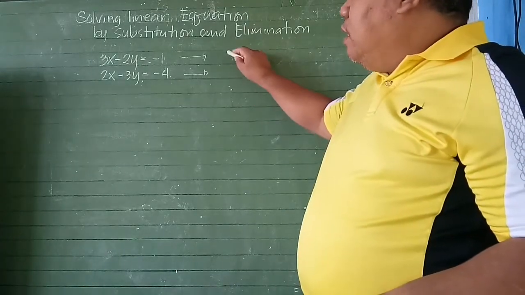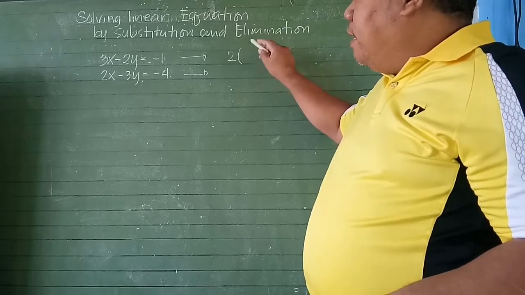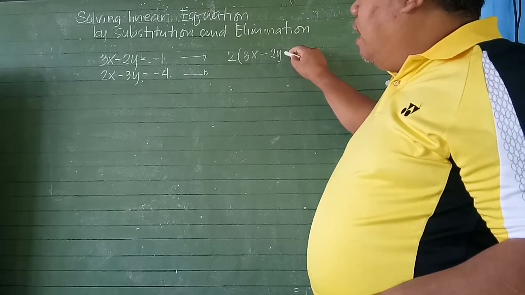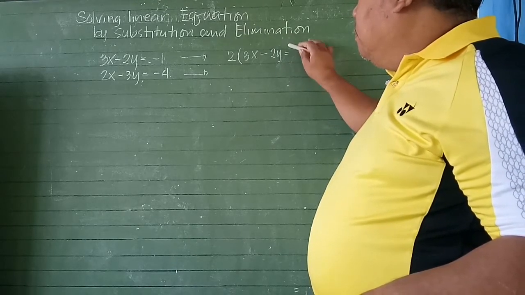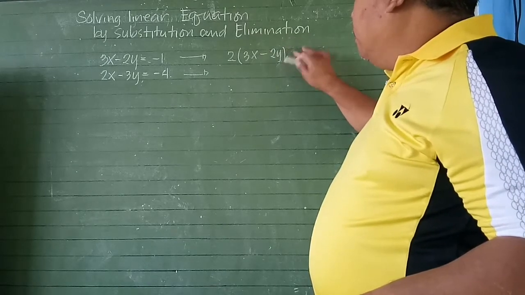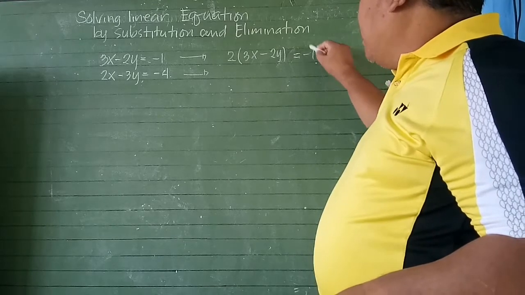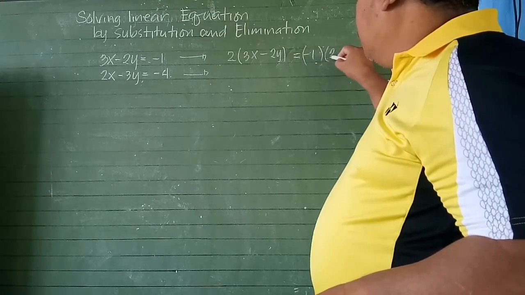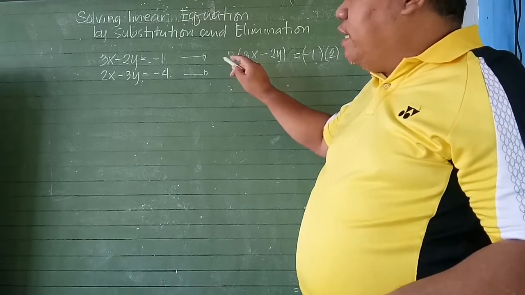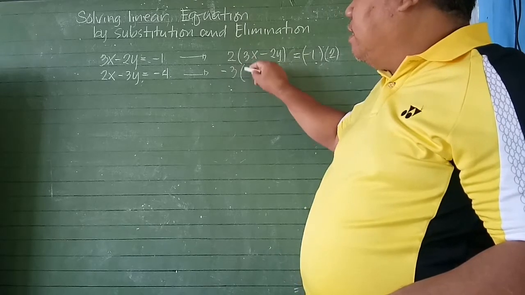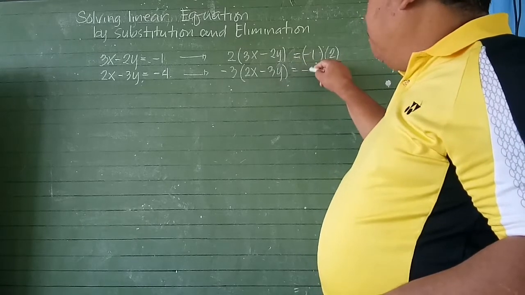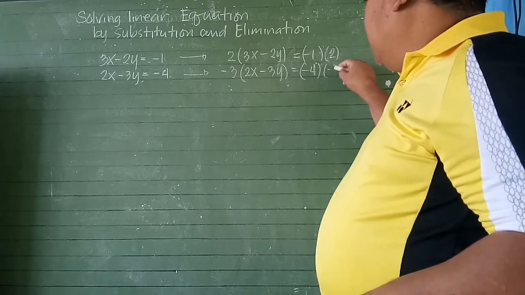In this case, we're going to multiply the upper equation, 3x minus 2y is equal to negative 1, by 2. For the lower equation, 2x minus 3y is equal to negative 4, we're going to multiply by negative 3.